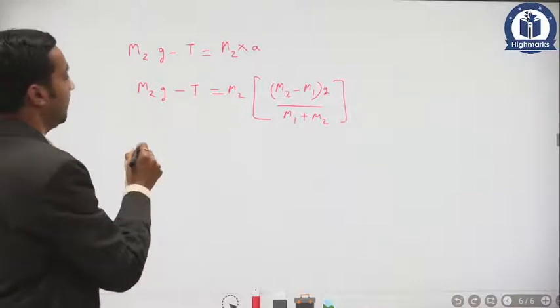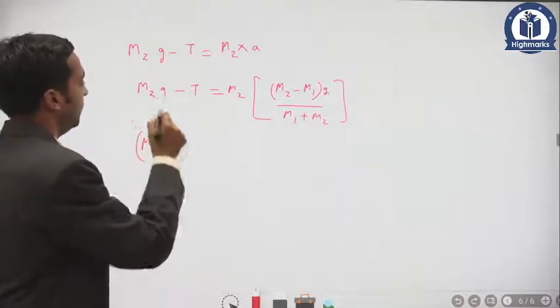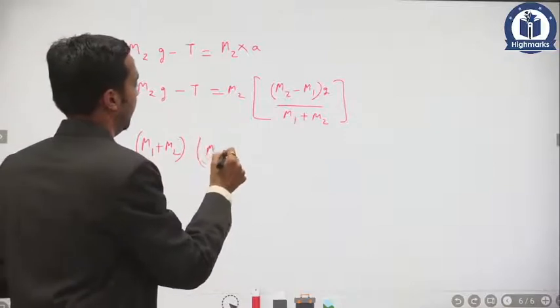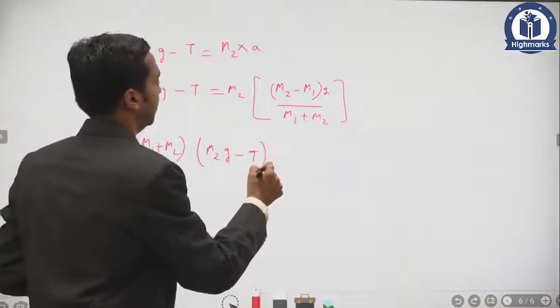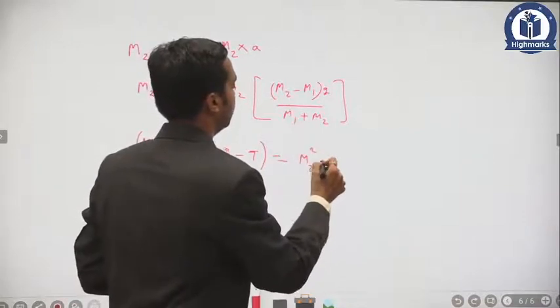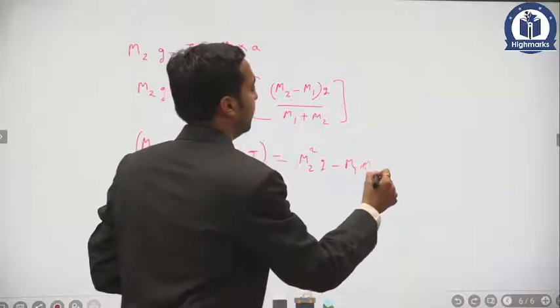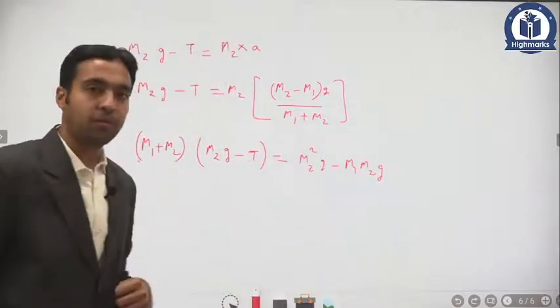So we will multiply here M1 plus M2 with M2g minus T is equals to, multiply this term, so M2 square g minus M1 M2 g. Fine.